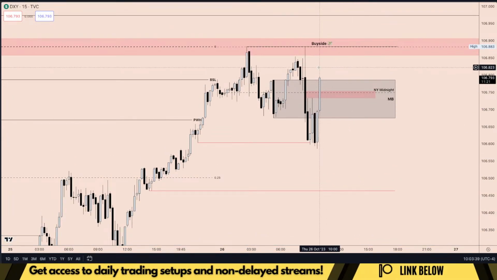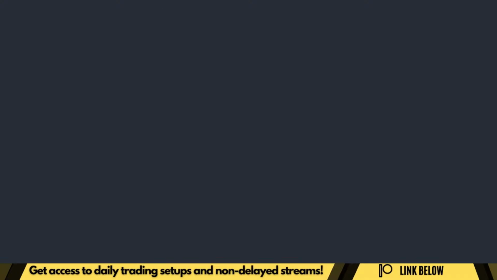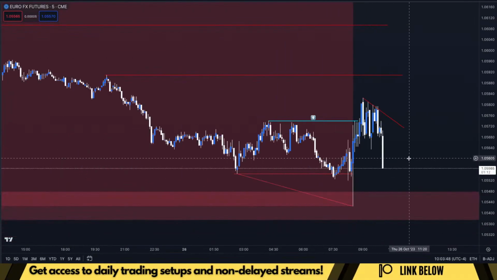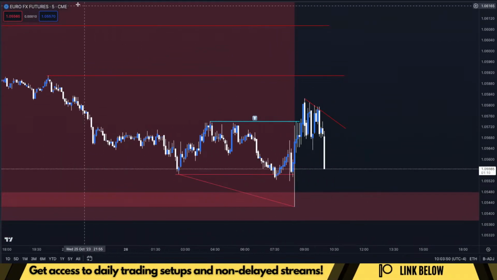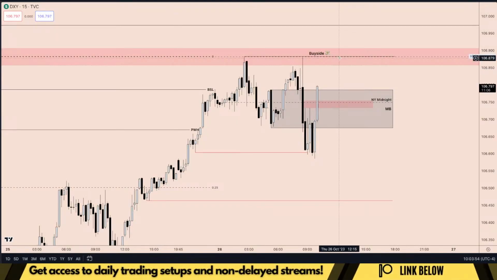As you can see, it's pushing back up, gravitating towards these equal highs that it has left behind. Therefore, we should see EU dumping.